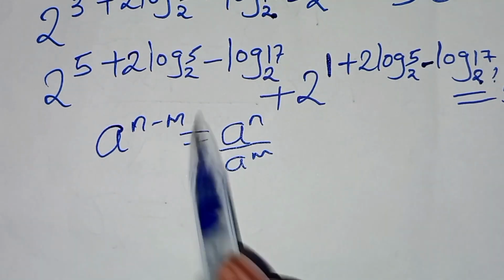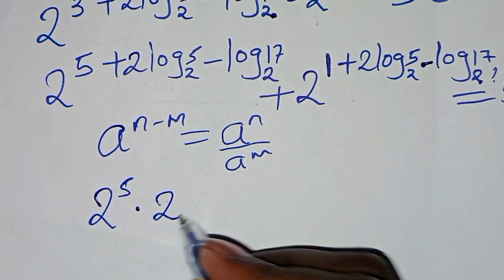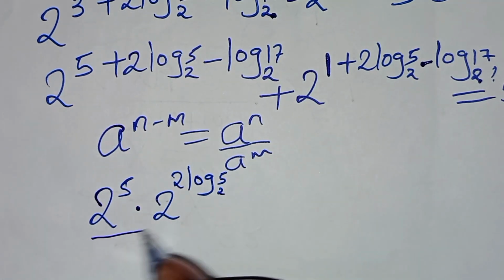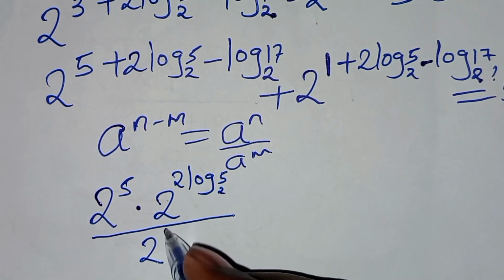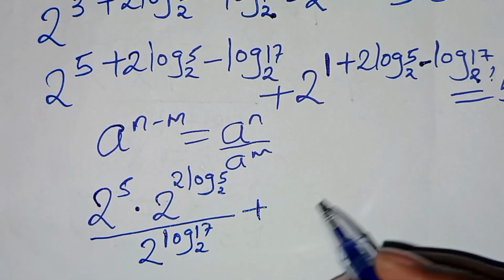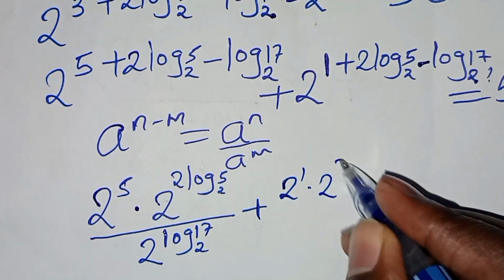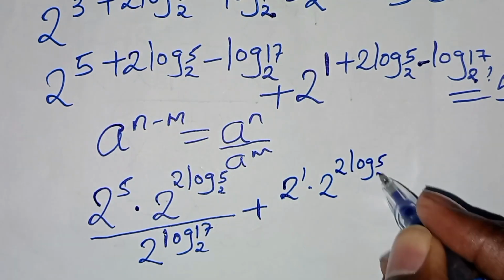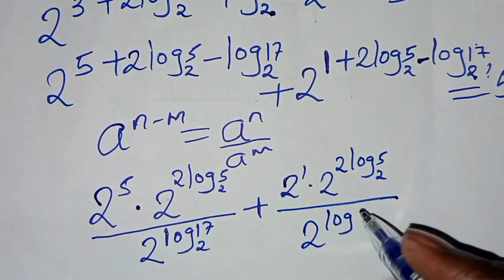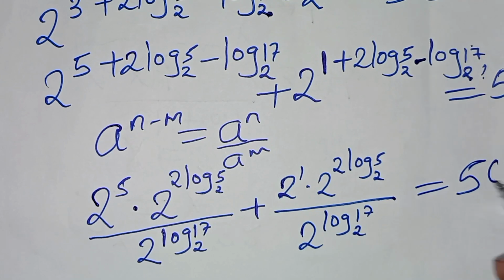So applying this exponent property, here we'll have 2 to power 5 multiplied by 2 to power 2 log 5 to base 2 divided by 2 to power log 17 to base 2, plus 2 to power 1 times 2 to power 2 log 5 to base 2 divided by 2 to power log 17 to base 2. This should give us a value of 50.